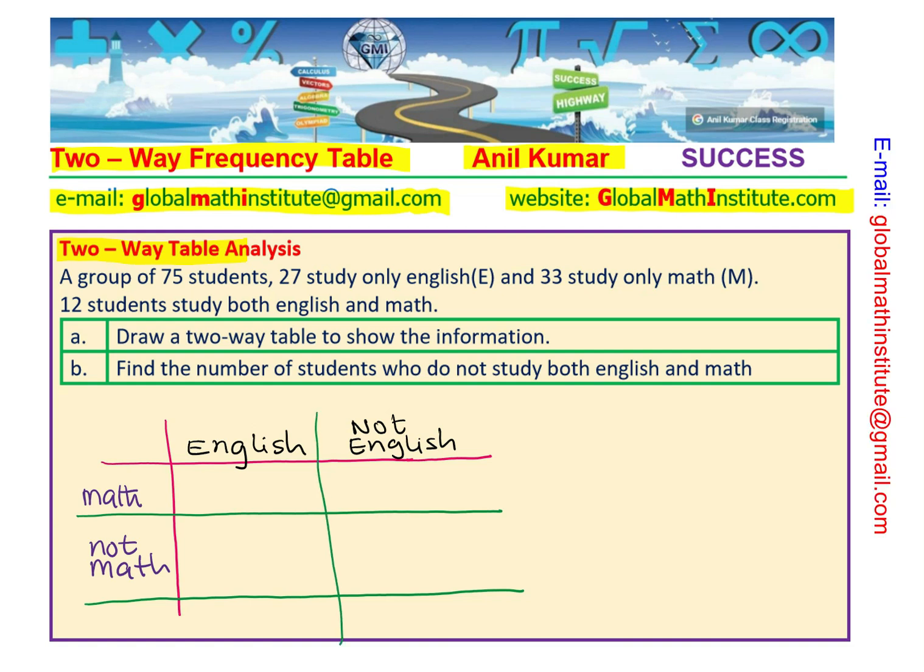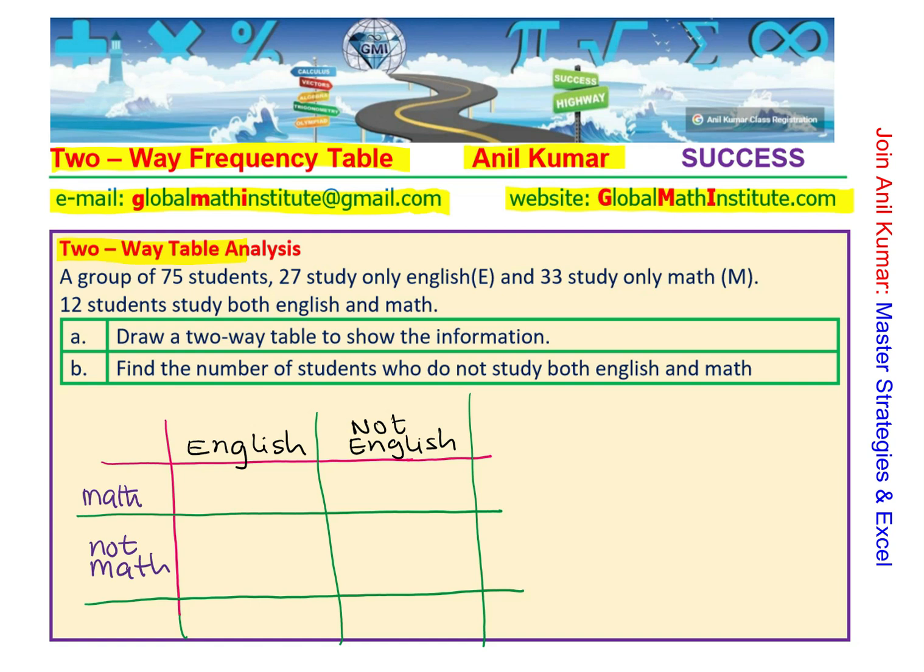Here, what you also notice is that we can have a total of each. Now, let's try to fill in the information. It says a group of 75 students. It means total students, whether they're taking English or math or both, the total number is 75.